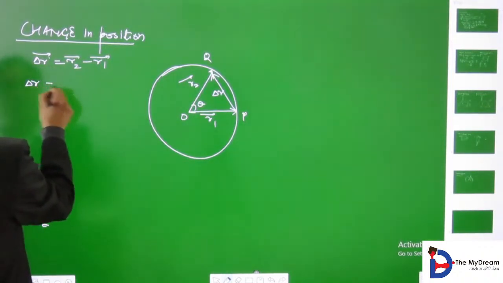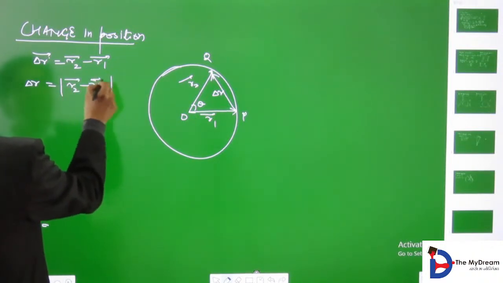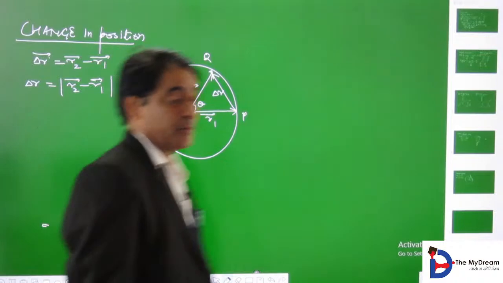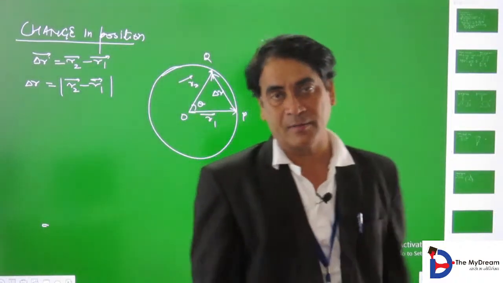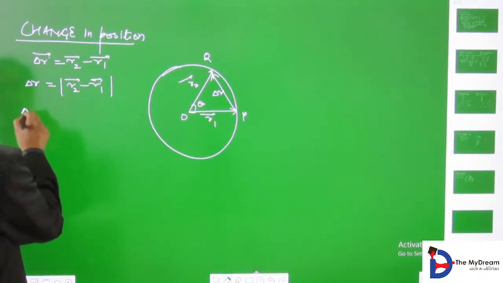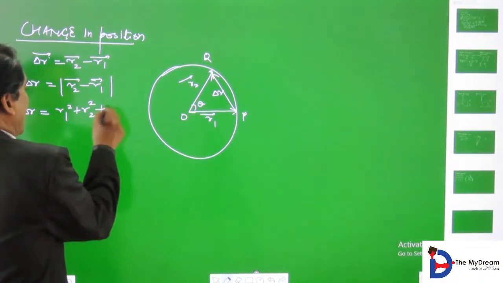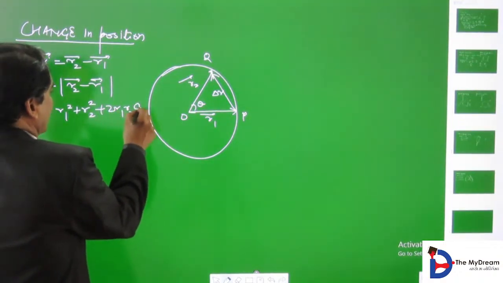which is written in this form also, in the form of the mod you can write down, because you want to know the magnitude of delta r. So r1 square plus r2 square 2r1 r2 cos theta.